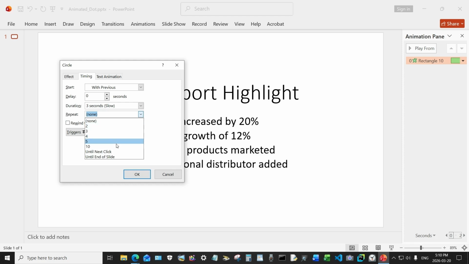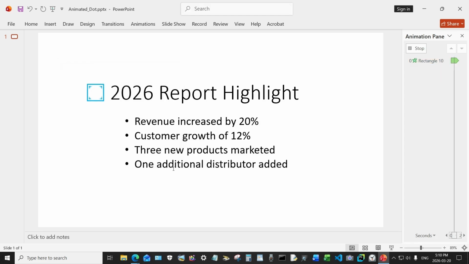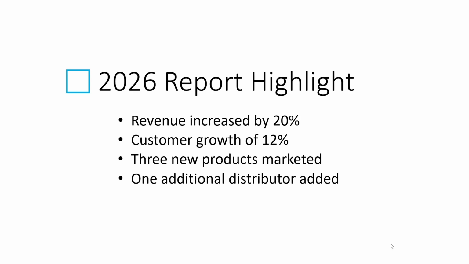In this case I'm going to say Until Next Click, so it just continues in an infinite loop. So I'm going to go OK. Then you're going to go here, and now you've got your square being formed like so.